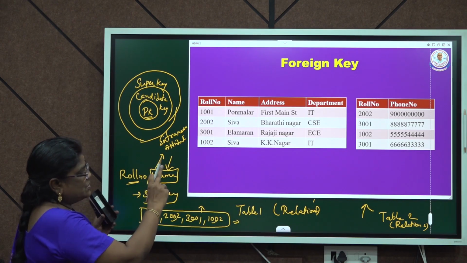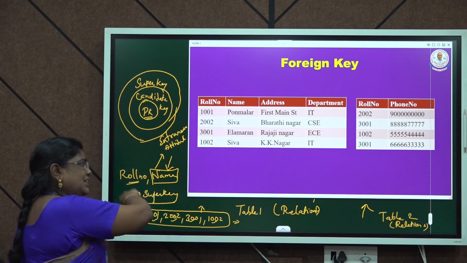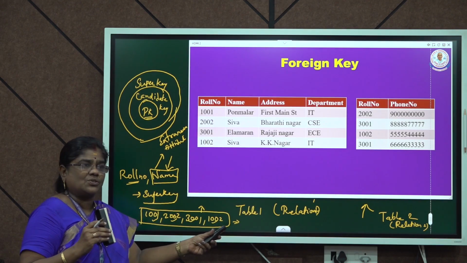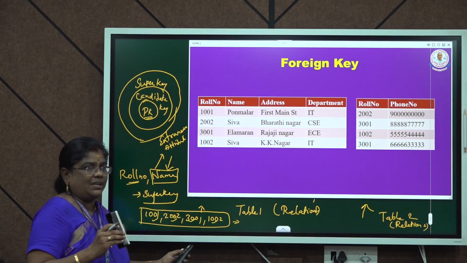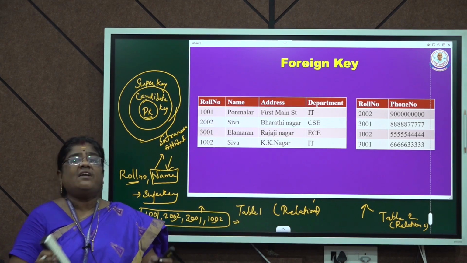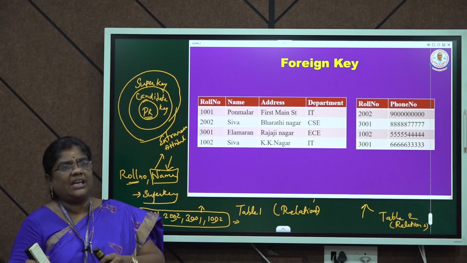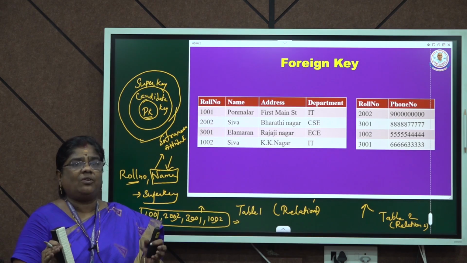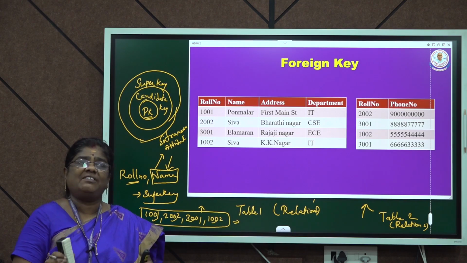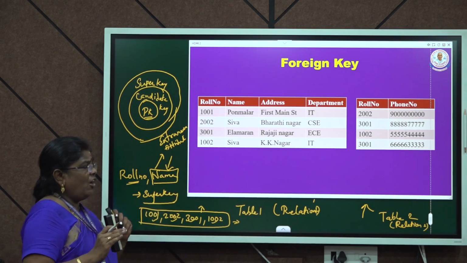The first row, 2002, is present in the first table. 3001 is present in the first table. And the last one, 1002, is also present in the first table. So, to establish the relationship between 2 tables, we need primary key and foreign key constraints. Then only it will permit us to enter the values that we have in the parent table. That is what the foreign key is.